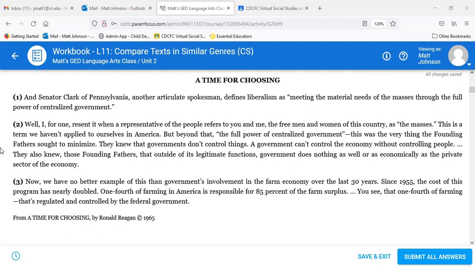Now, we have no better example of this than government's involvement in the farm economy over the last 30 years, since 1955. The cost of this program has nearly doubled. One quarter of farming in America is responsible for 85% of the farm surplus. You see, that one quarter of farming is regulated and controlled by the federal government.